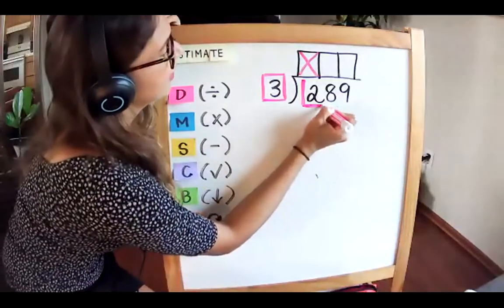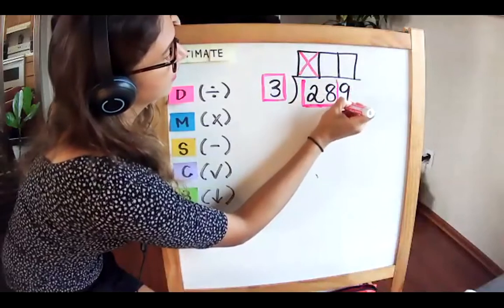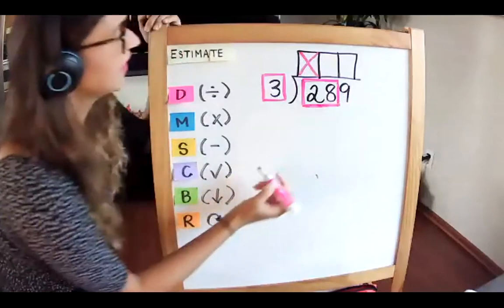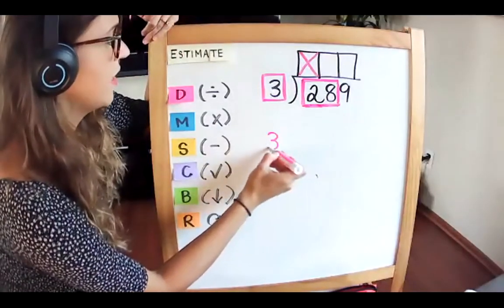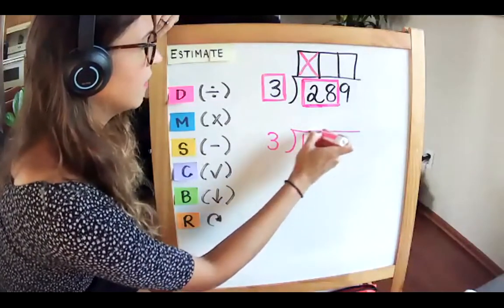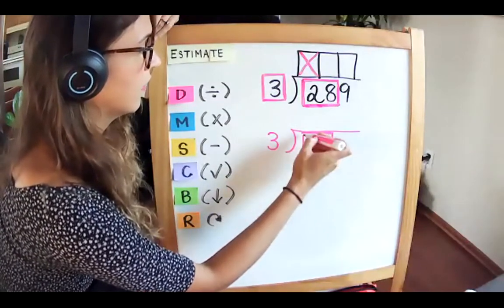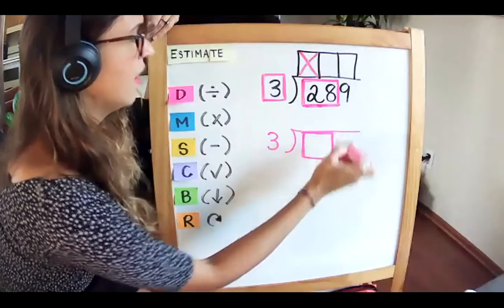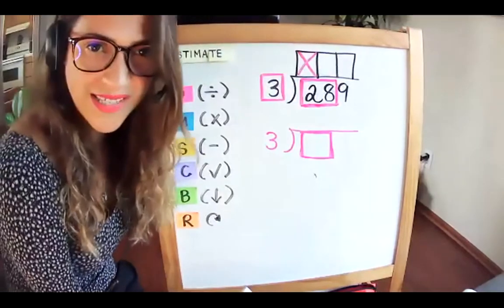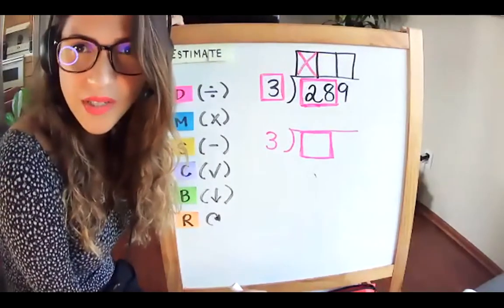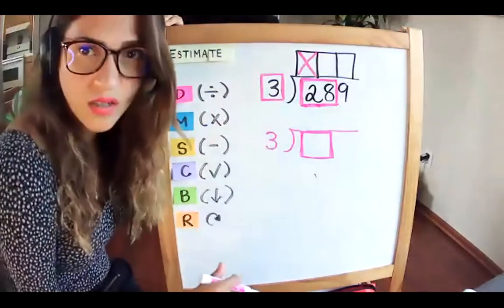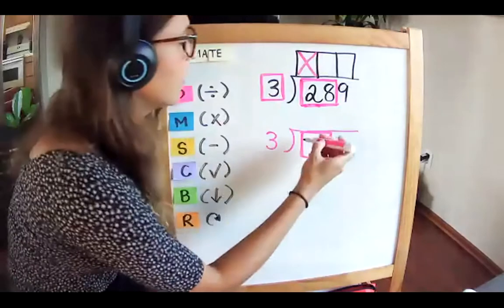Yes, so we're going to put a box around it, which means our estimate, I'm going to rewrite here, we're going to look at that 28 and change it to something in the 3 times table. What number in the 3 times table is close to 28? 27.